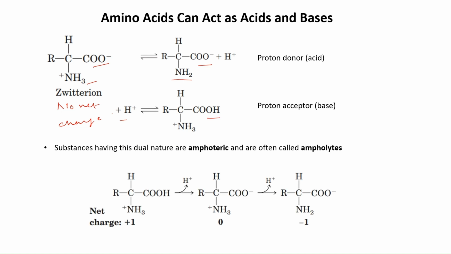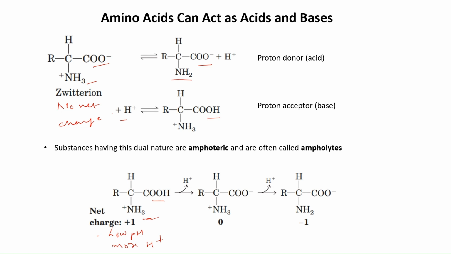Now what happens if an amino acid consists of one amino group and one carboxyl group? For example, glycine. What happens at very low pH? Low pH means more H plus. When H plus is more, or we can say when the pH is very low, the amino acid is present in the fully protonated form.